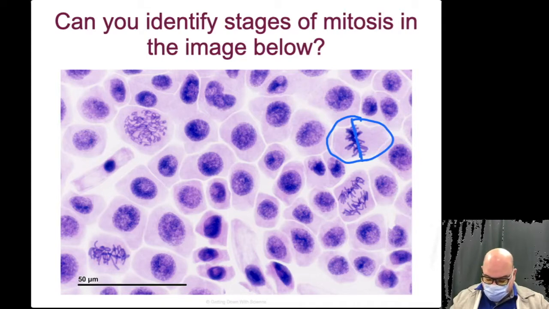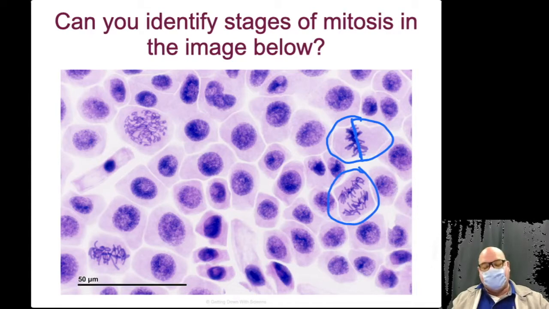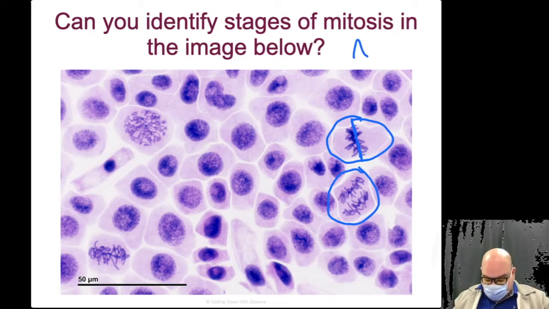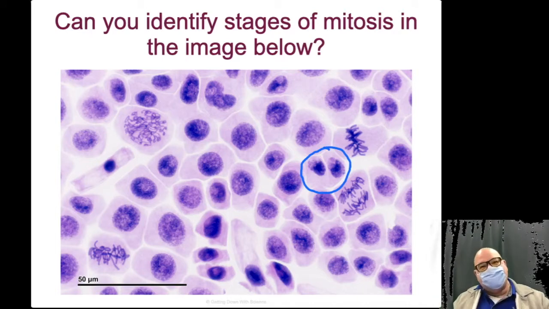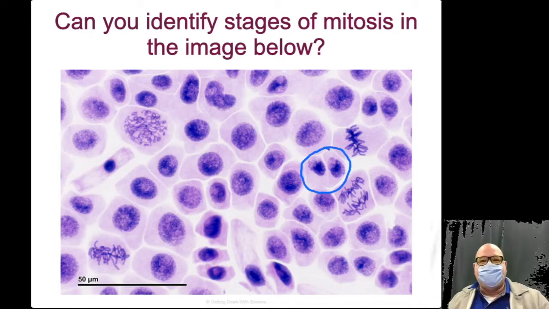What's this right here? Anaphase. They look like little A's and they are pulling away. Okay? What is this one right here? Looks like it's in the middle of, well, cytokinesis slash telophase, okay?